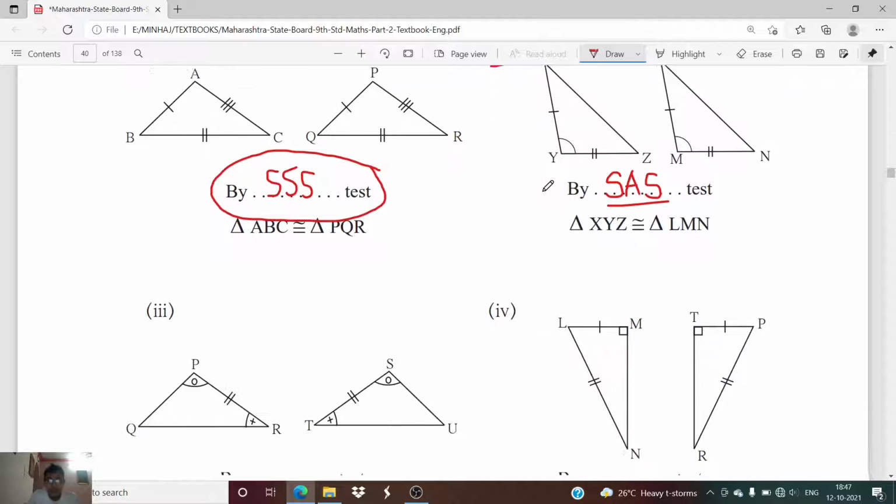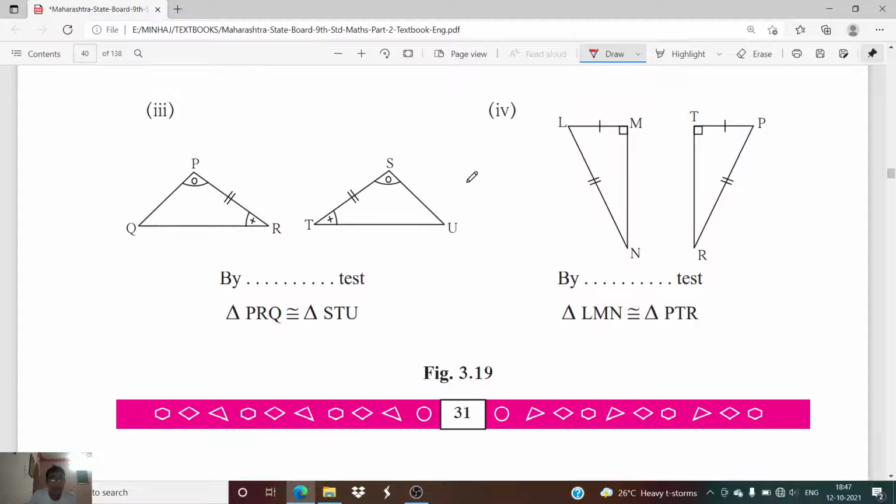Now sub question number 3. Triangle PQR and triangle STU is given to us.